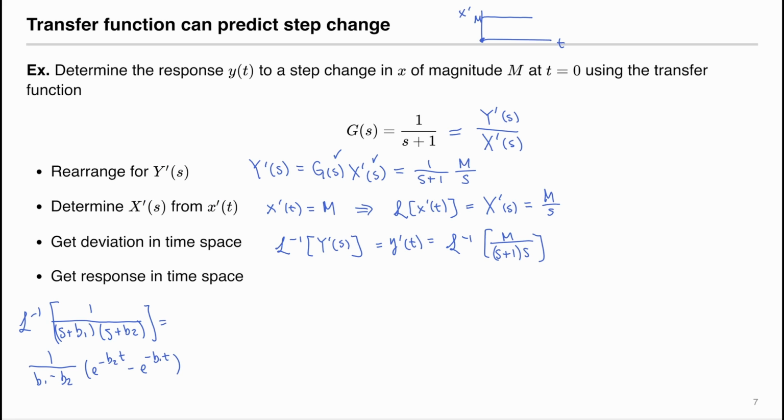Okay, so let's apply it to here. What we have: the M at the top is a constant, so we can take it out of the inverse Laplace transform. And S plus 1 gives that B1 equals 1 and B2 equals 0.